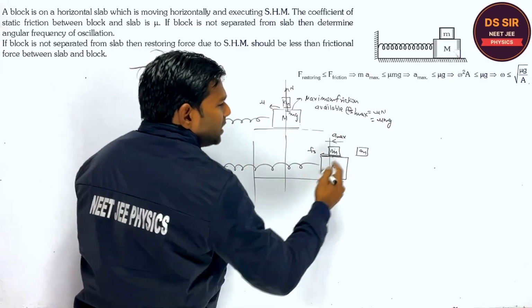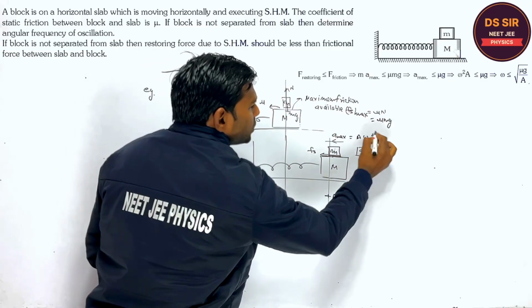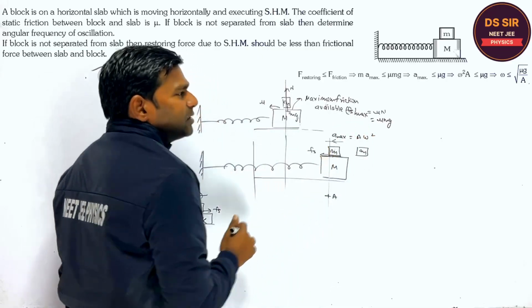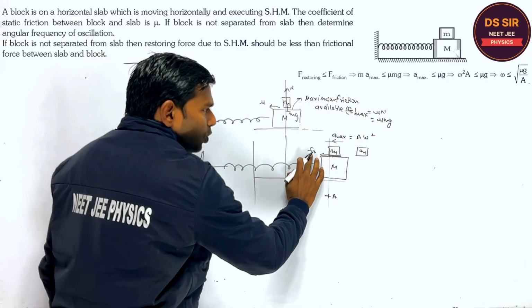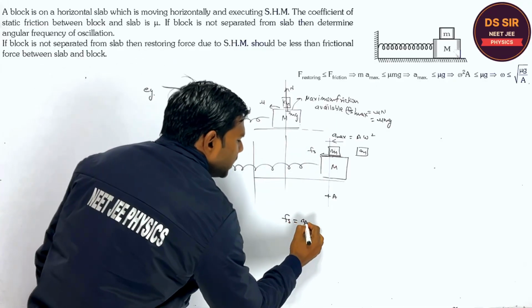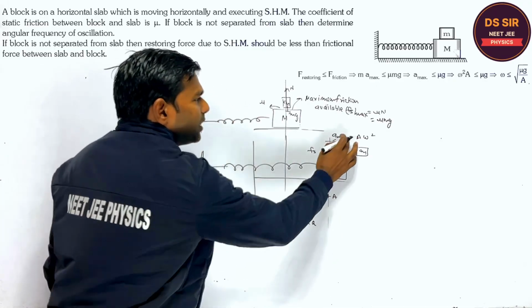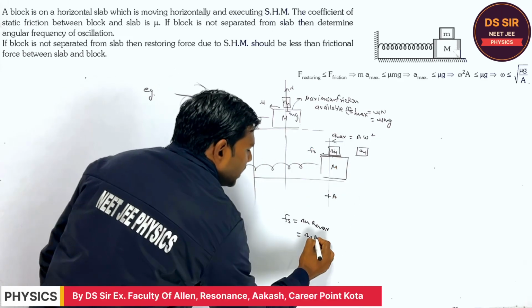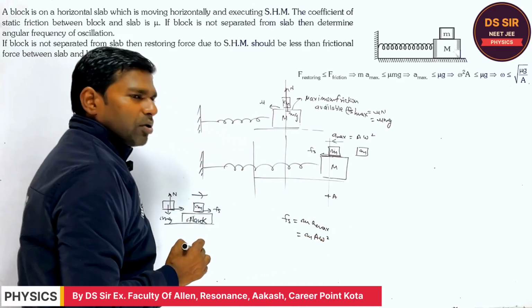The maximum acceleration is, suppose, A omega square, which is provided by what? Which is provided by this static friction. So this friction is m into a. What is a max? The a max is A into omega square. Is it clear or not?